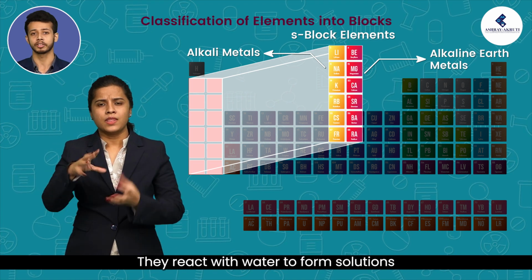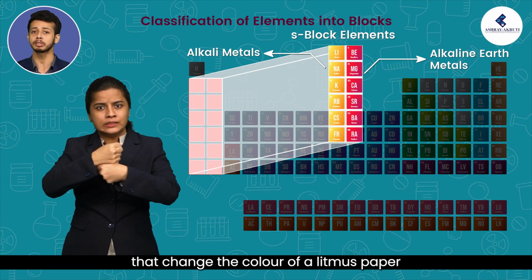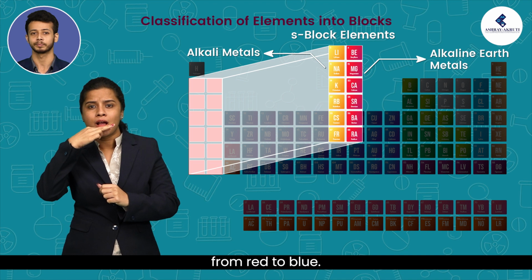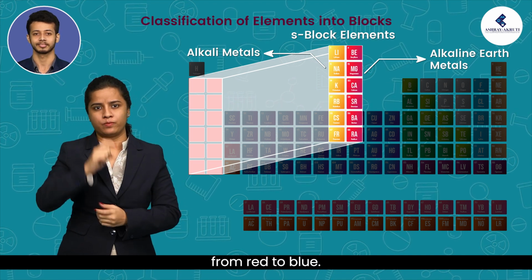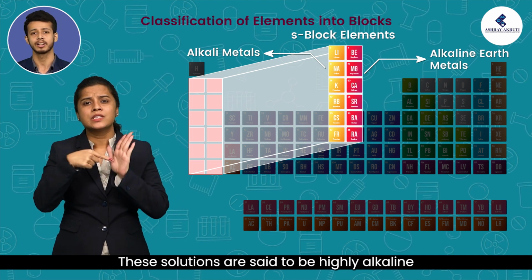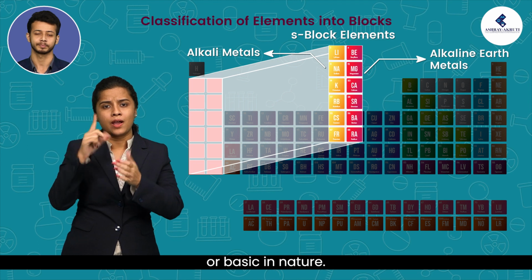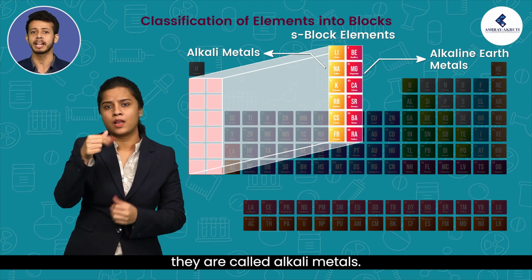They react with water to form solutions that change the color of litmus paper from red to blue. These solutions are said to be highly alkaline or basic in nature. Hence, they are called alkali metals.